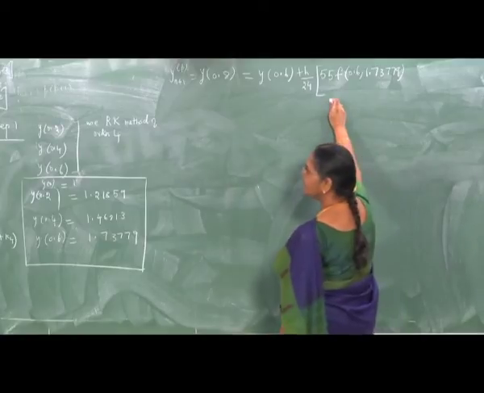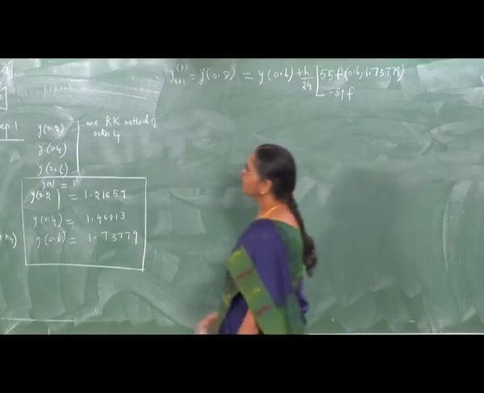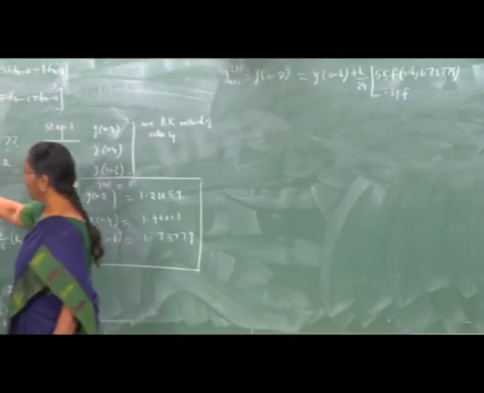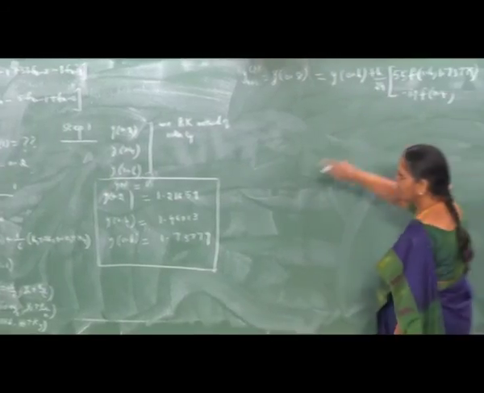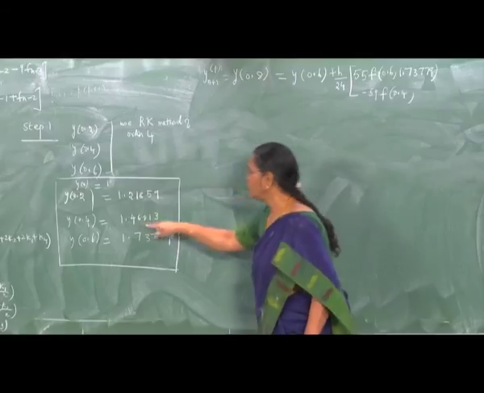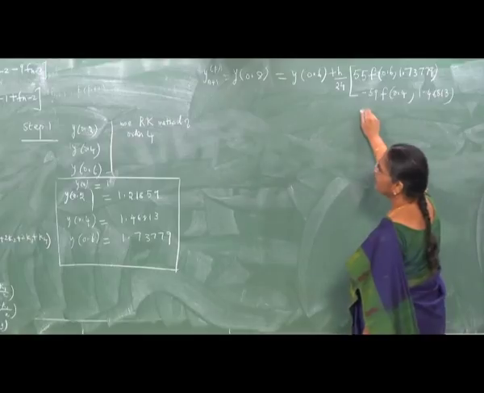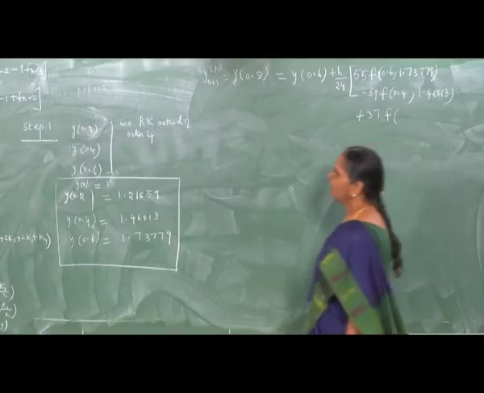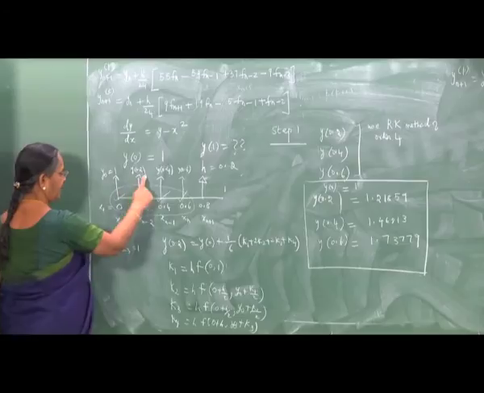1.73779. Then the next term, minus 59 into f n minus 1. What is f n minus 1? It is f of x n minus 1, y n minus 1. So, it is f at 0.4 comma, what is y n minus 1? We have computed it to be 1.46813. Then the next term is 37 f n minus 2, and f n minus 2 is f of x n minus 2, y n minus 2.